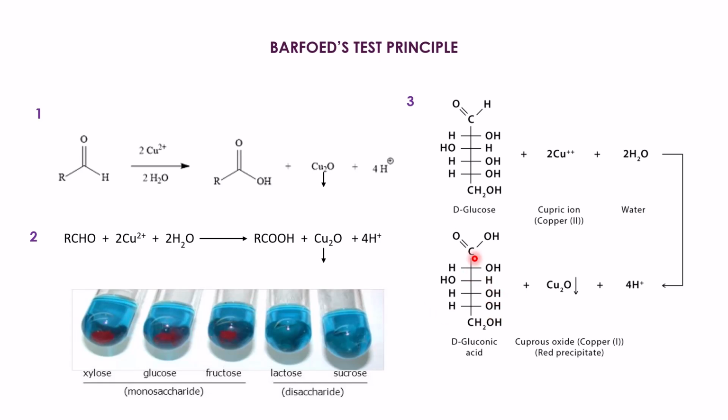And also the reducing sugar D-glucose over here is oxidized to D-gluconic acid. So what you have to note is that whenever a reducing sugar reduces cupric ion to cuprous oxide, the reducing sugar itself is oxidized to carboxylic acid or carboxylate anion.